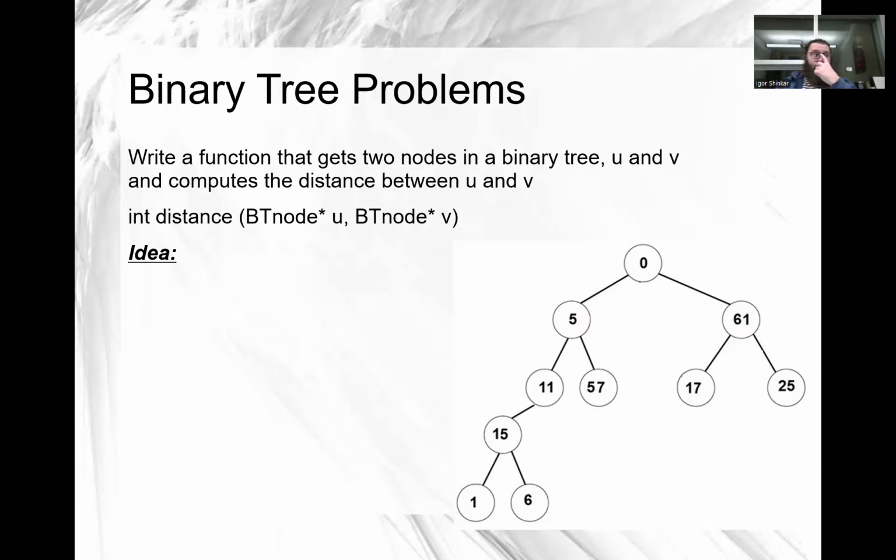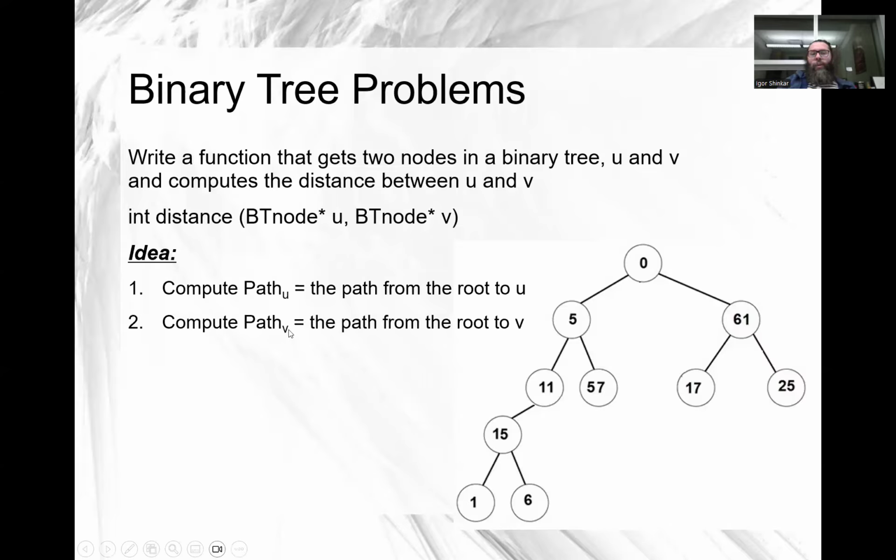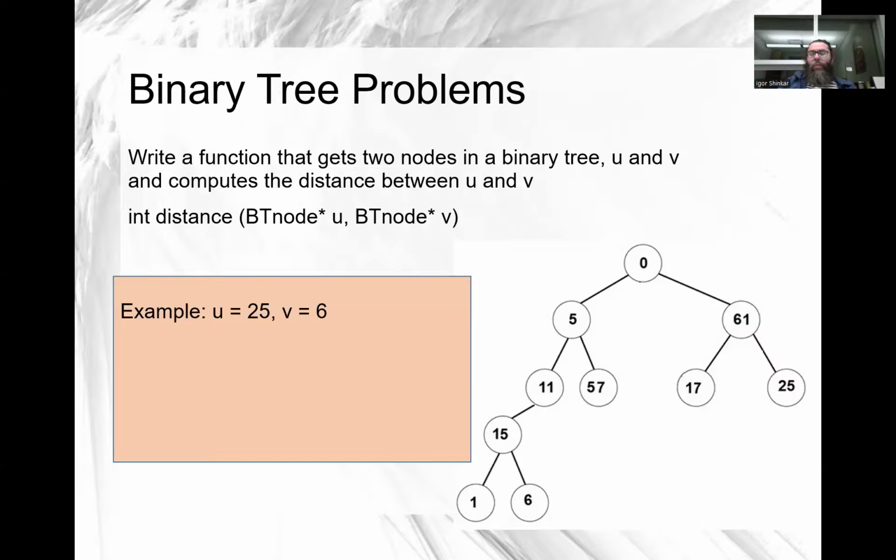So how do we do it? Here's an idea. We'll take U and compute the path from U all the way to the root. Then we'll take V. U and V are kind of symmetric, and we'll compute the path of V to the root. And then we'll find common ancestors, and we'll subtract the common ancestors, and we'll see how it goes. So here's an example.